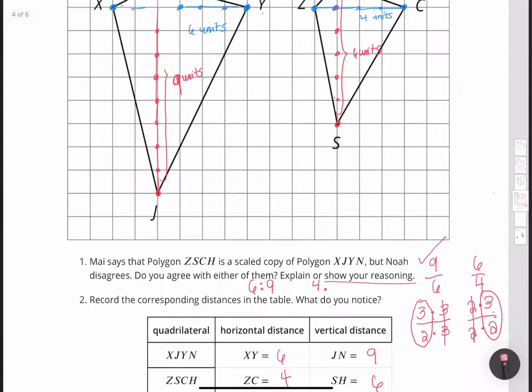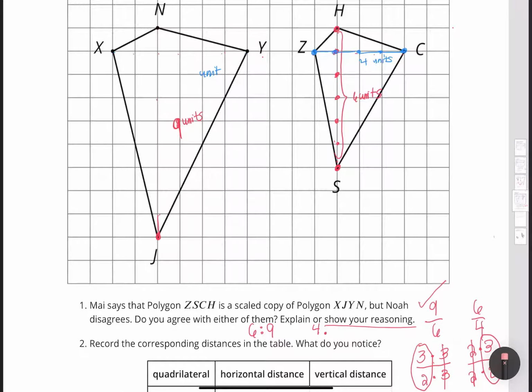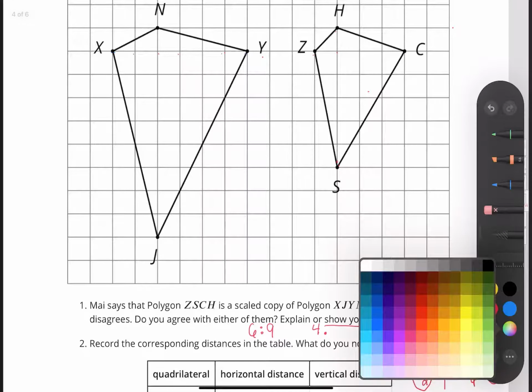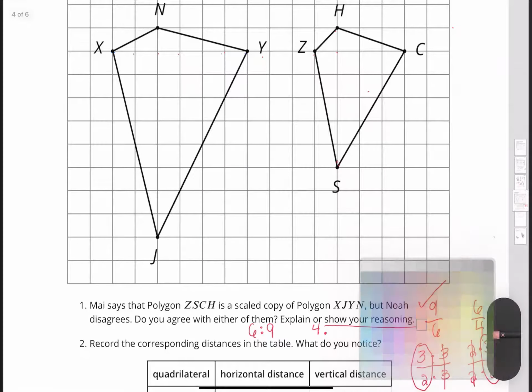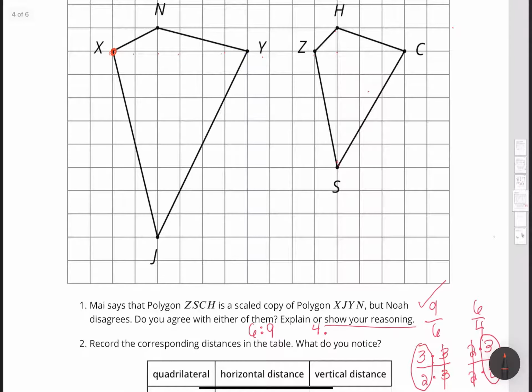So of course, I need to erase all of my scratch work, because this is trying to determine whether you can tell something is a scale copy of another figure or polygon by just looking at the angles. So let's use orange for this activity.